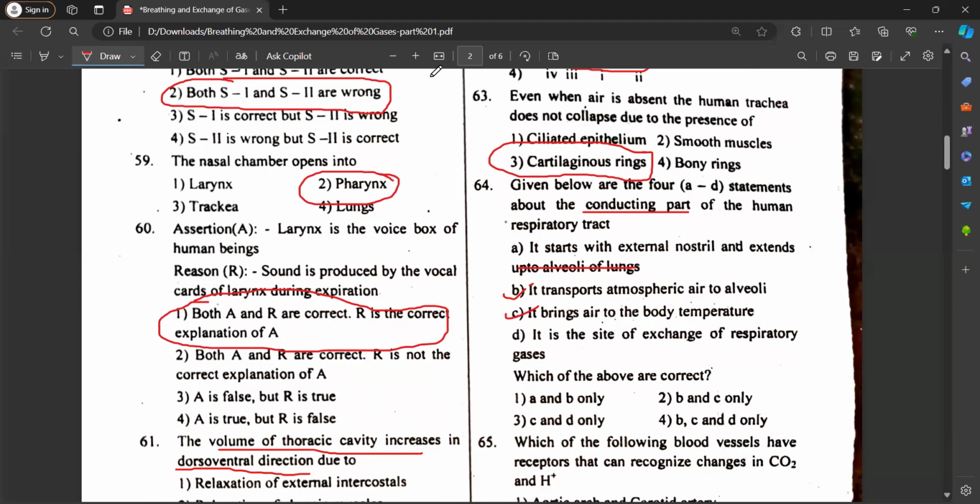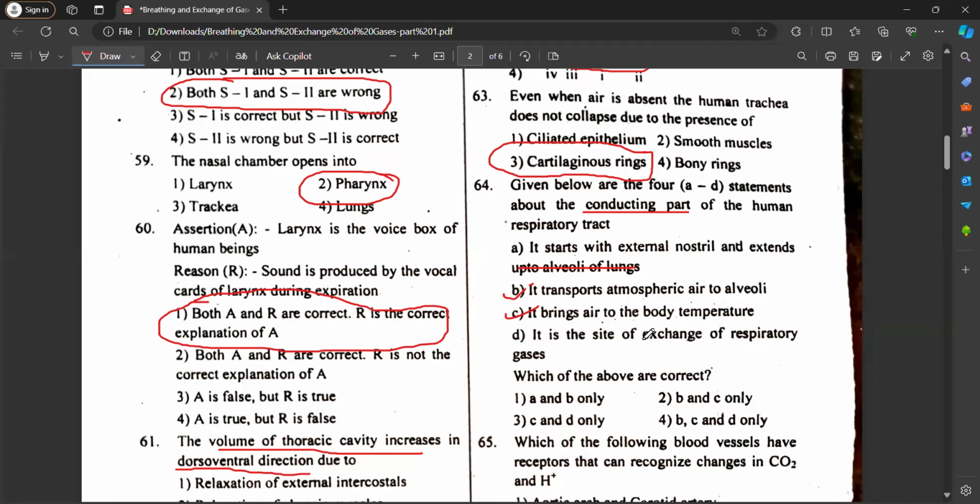It is a site of exchange of respiratory gases.